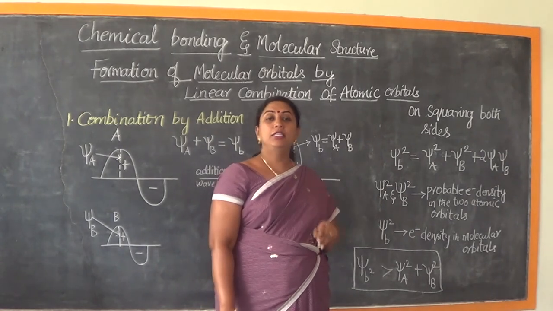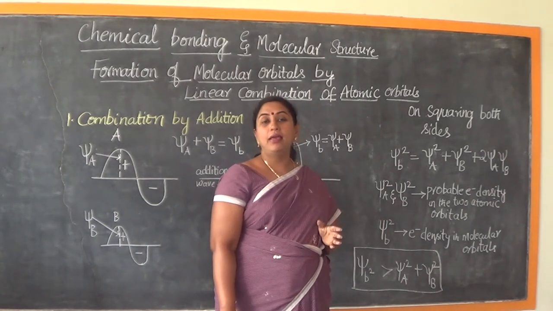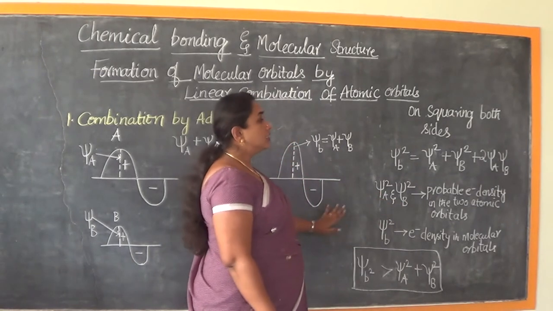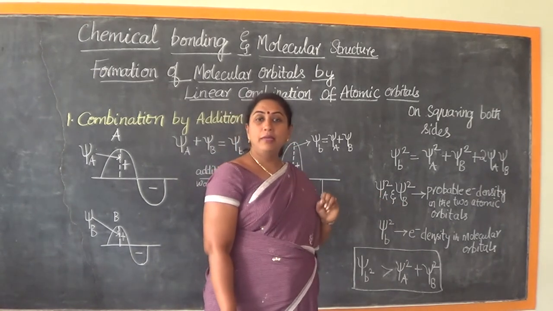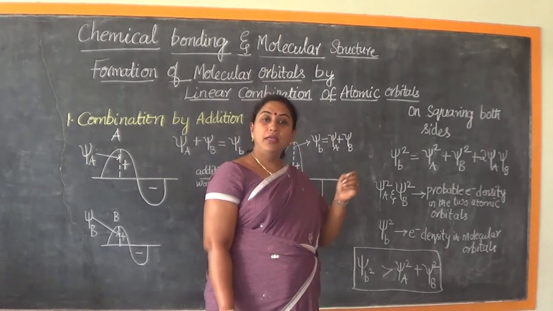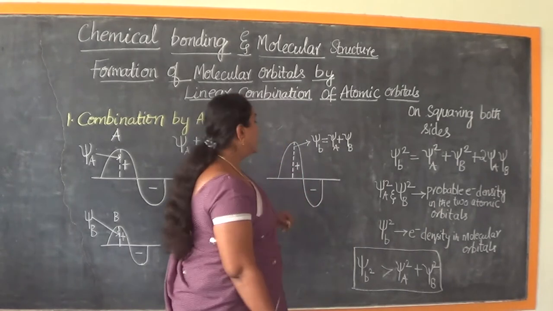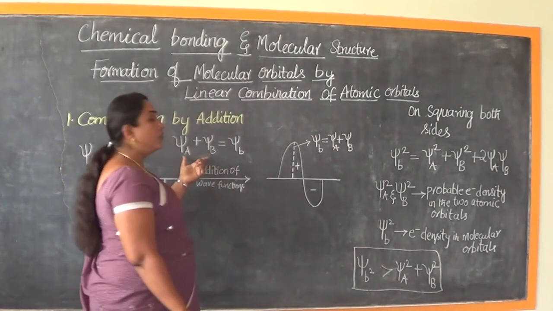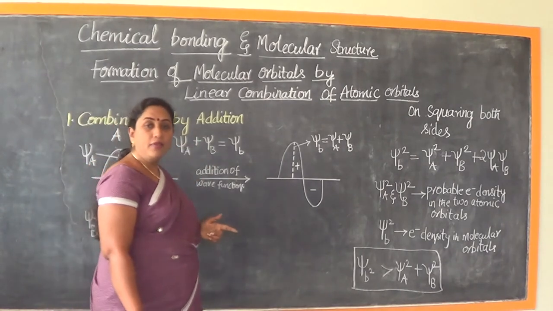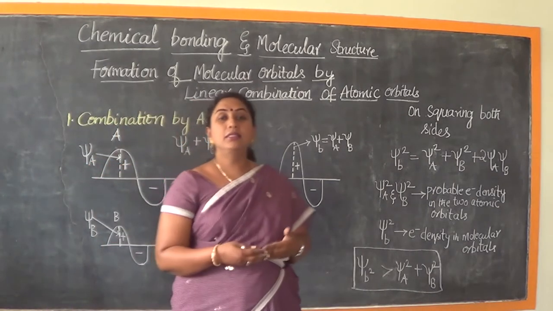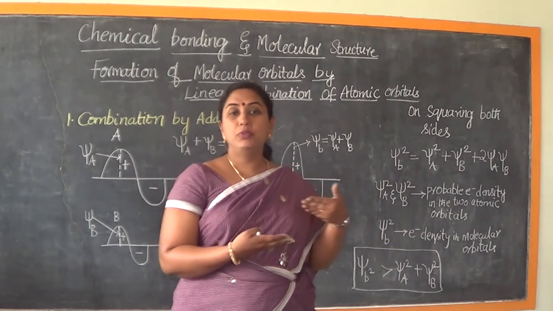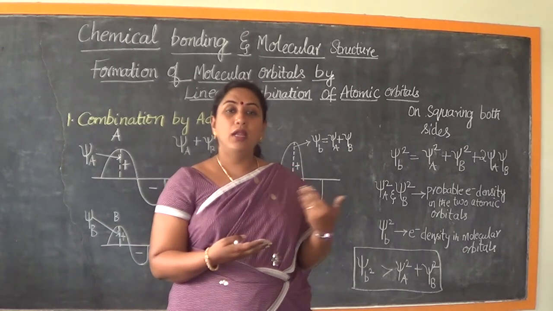The probability is more between the nuclei than away from the nuclei. So this is how we have the formation of a molecular orbital, that is the bonding molecular orbital, as a result of addition of the wave functions. Why are we adding the wave functions? Because it is in-phase wave. That means the crest overlaps with the crest and the trough overlaps with the trough.